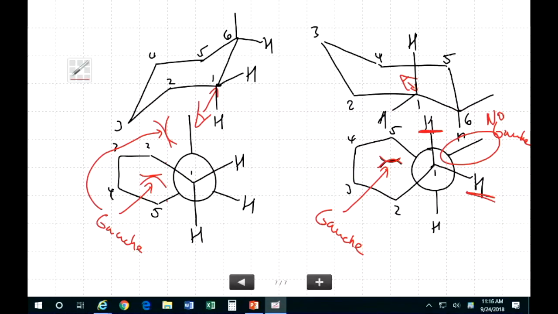So going from axial to equatorial, axial you have this extra gauche interaction between your substituent and your ring, and when you go to the equatorial position, you eliminate that gauche interaction. So that's one thing working in favor of having your group be equatorial.